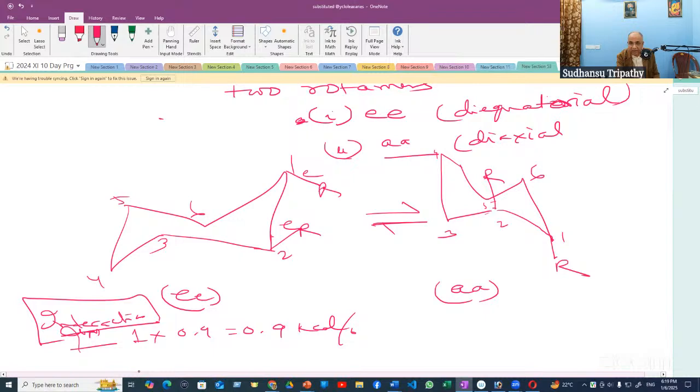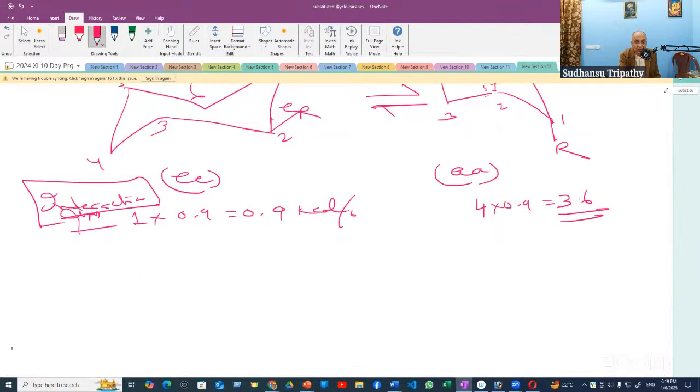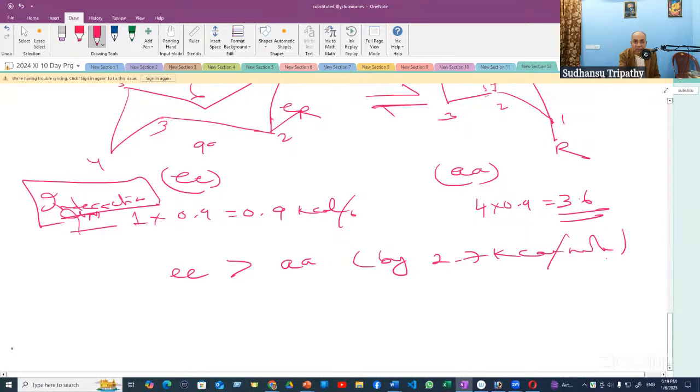But here, the interaction energy is 4 into 0.9, 3.6. So the difference between these rotamers, EE is more stable than AA by 2.7 kilocalories per mole. So nearly 99% of the molecules remain in the EE form and only 1% remains in the AA form.